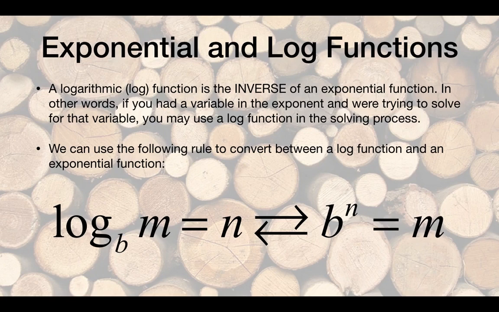So basically log is the relationship between two numbers. Like if I say the relationship between 5 and 125, that would be that it's 5 cubed. So log base b of m, if it was log base 5 of 125, it would be 3. Or if it said b to the n equals m, we would say 5 to the third power equals 125.